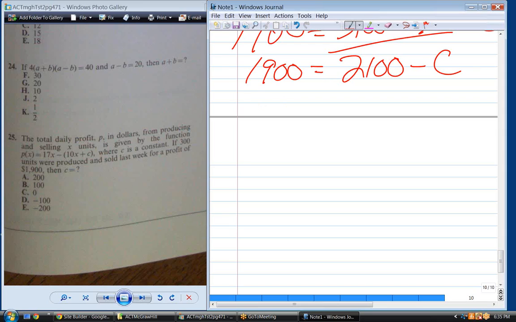So rather than do it that way, how about we move the c to the left and we move the 1,900 to the right? Okay. So what do we get? The c turns positive because I moved it to the other side. You get 200. That's the answer.